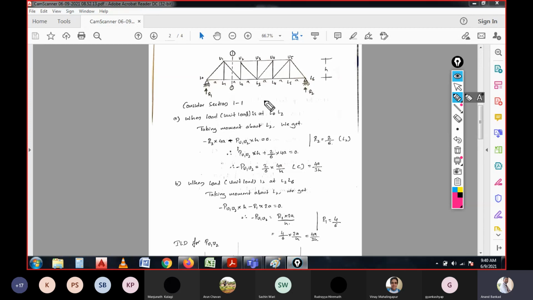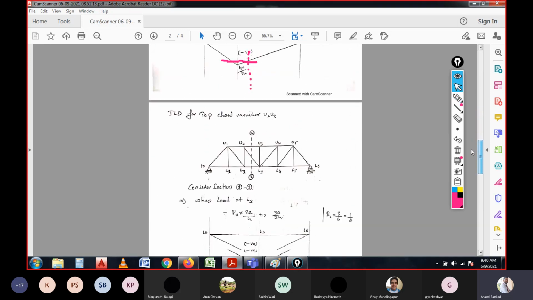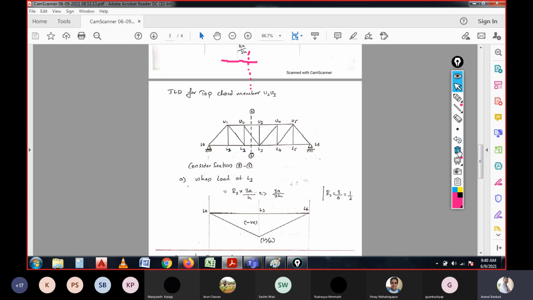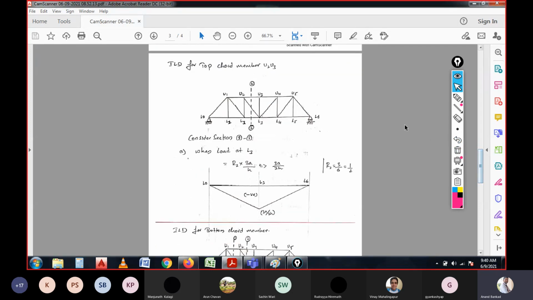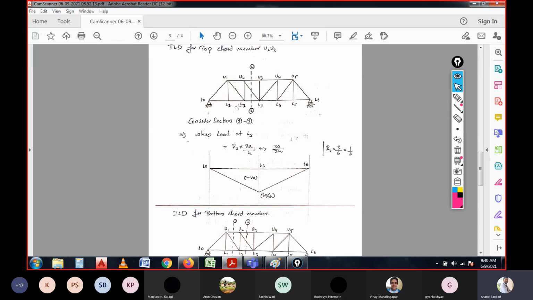Okay, now this is about the portion U1 and U2, and similarly we need to calculate U2 U3, right? That is another section we have considered at the point. So how we are considering at that point, I will show here. So U2, U3 is a part again.